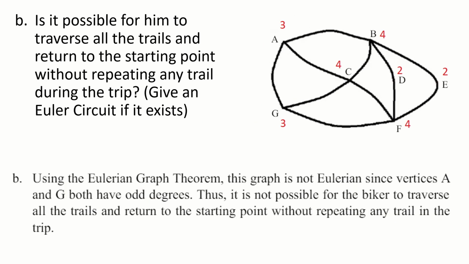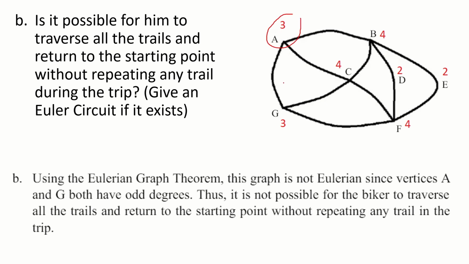Now let's look at letter B. Is it possible for him to traverse all the trails and return to the starting point? Now take note, we will use now the Euler graph theorem. In the Euler graph theorem, in order for it to be Eulerian, all of the vertices must have even degrees.